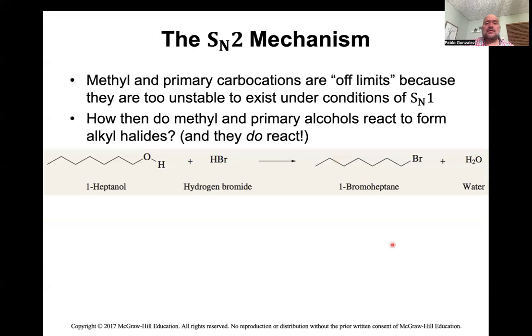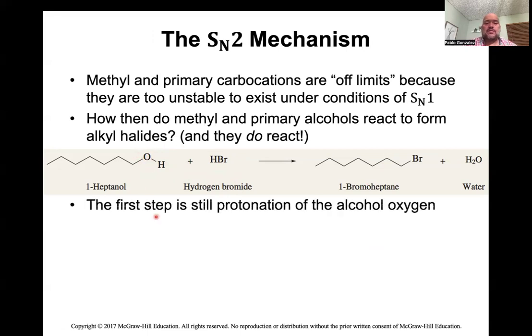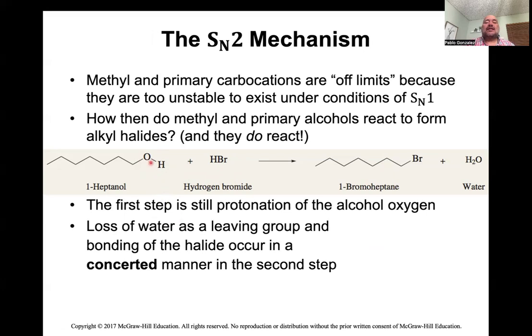So as we expected, the first step should be what? This is an acid. This alcohol can behave as a what? As a base. So we're going to protonate this. Okay, that's the first step: the protonation, making a better leaving group. And then usually in the SN1 mechanism, this leaving group is released and you create the carbocation.